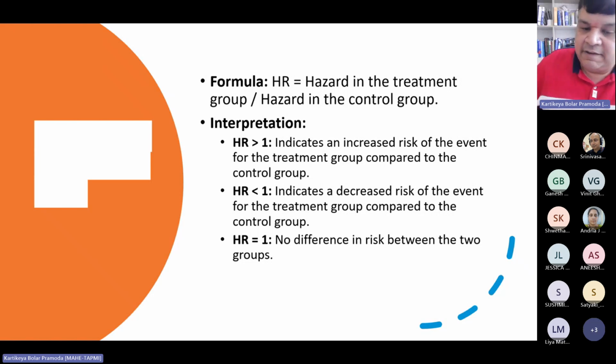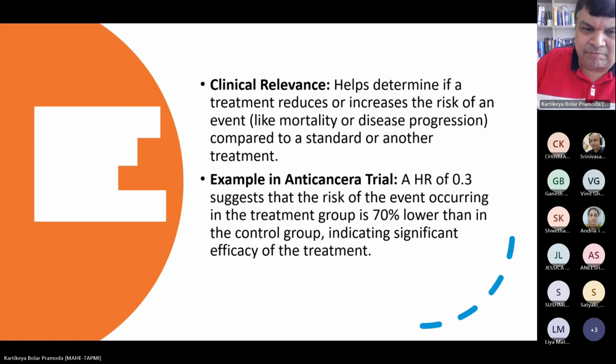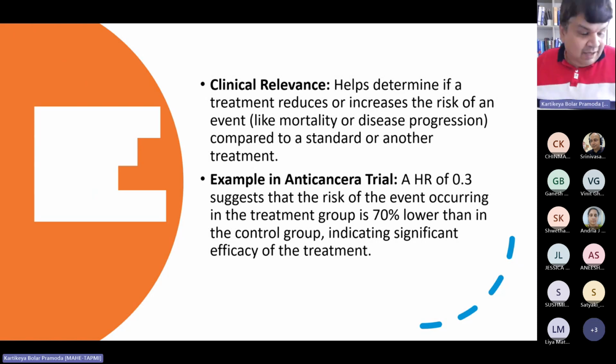And of course, if HR is equal to 1, then it means that there is no significant effect of the treatment, right? So that means it's not good enough as a treatment. So yeah, let me now show you some of this before we discuss further.